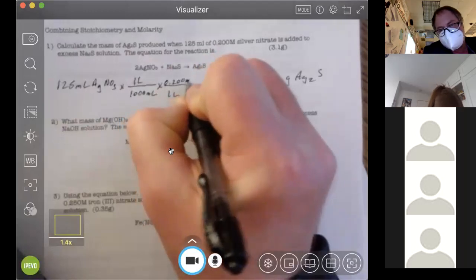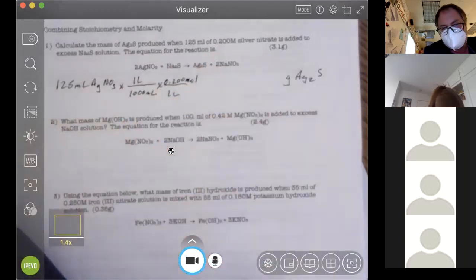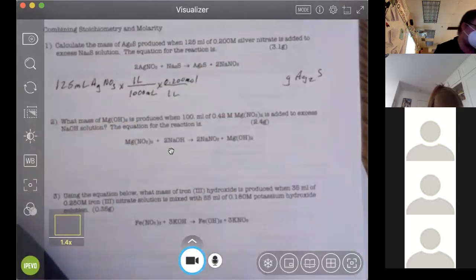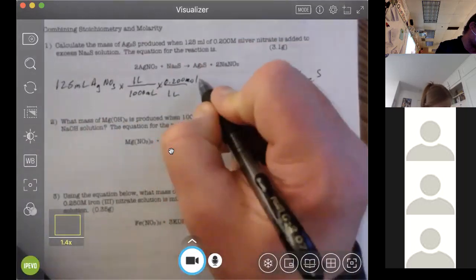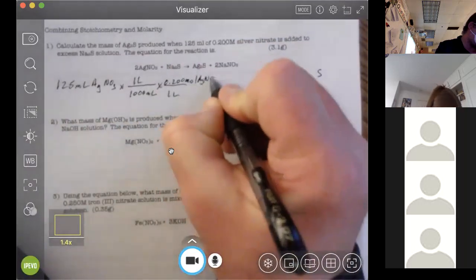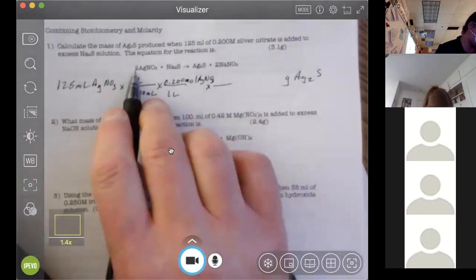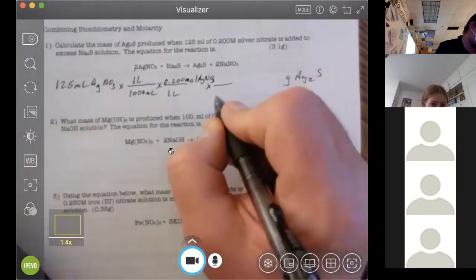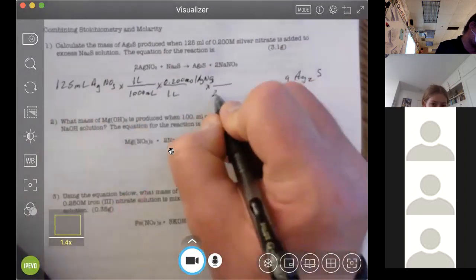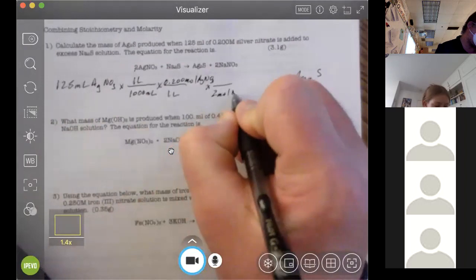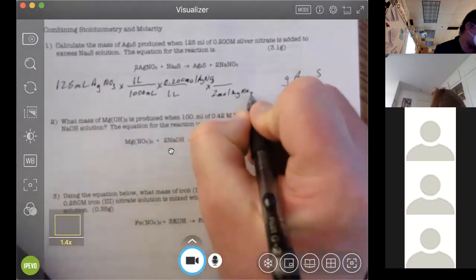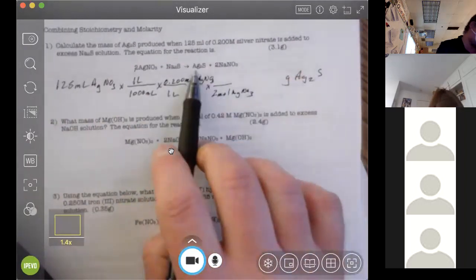This is basically what we've been building up for. This is moles of silver nitrate. Every 2 moles of silver nitrate make how many moles of silver sulfide? 1 mole of silver sulfide.